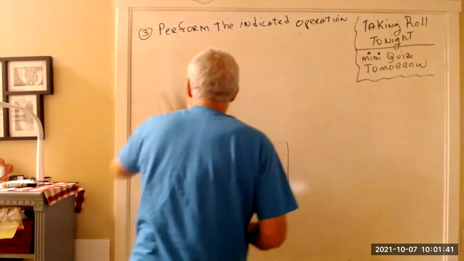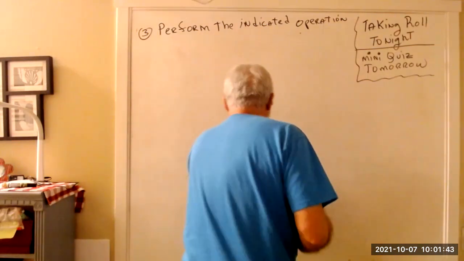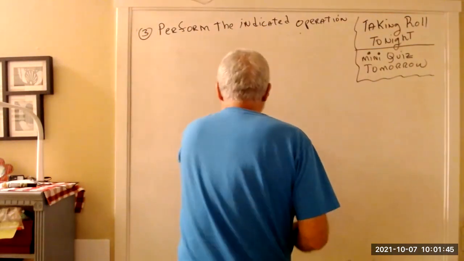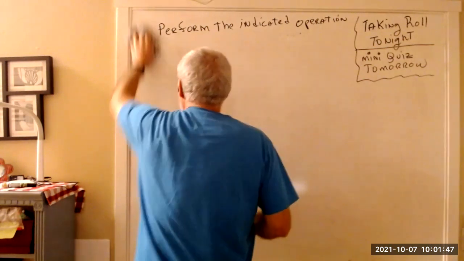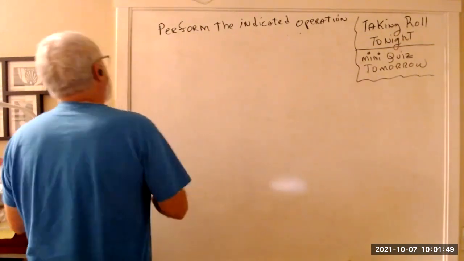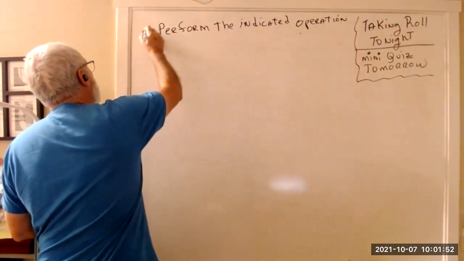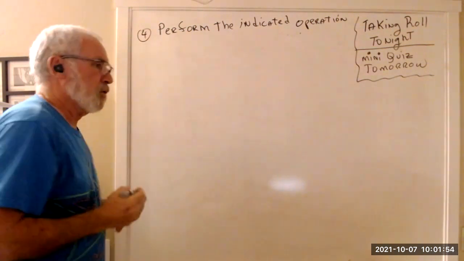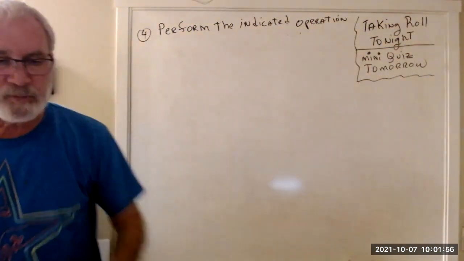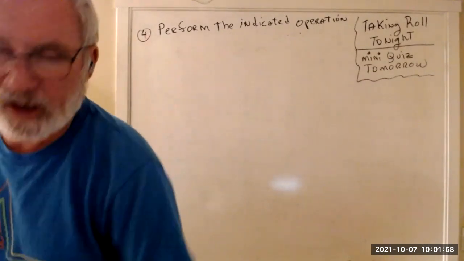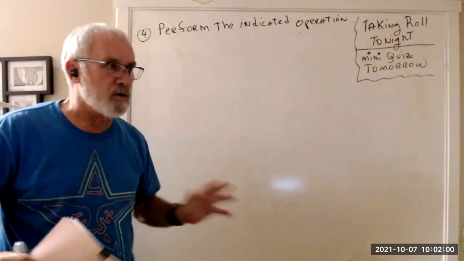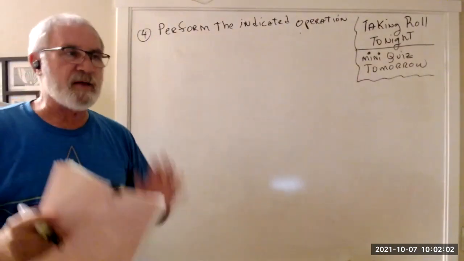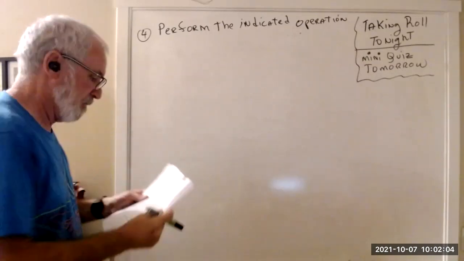Same instructions will work. But this time, the problem is intended to scare you. I'm going to write the problem in such a way that you're going to go, oh God, I don't know what to do. Stop and think.